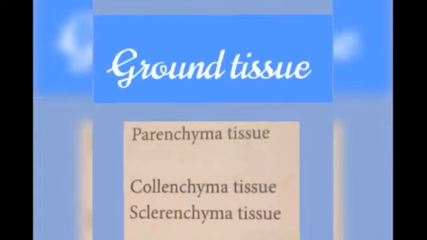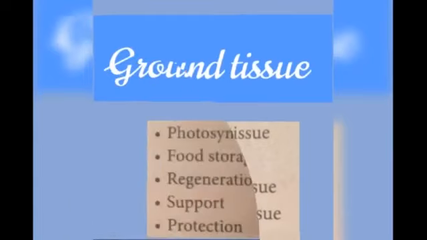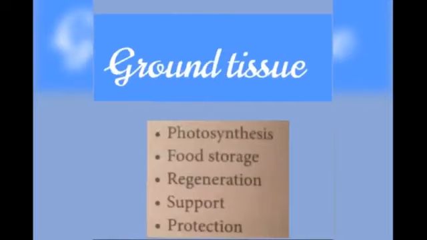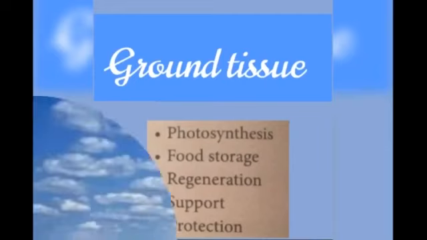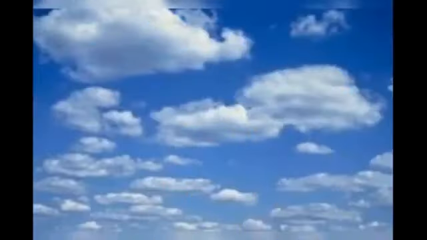These tissues in combination make up the ground tissue of a root, stem, or leaf. The main functions are photosynthesis, food storage, regeneration, support, and protection. So ground tissue helps in photosynthesis and food preparation. It also helps in regeneration, that is, the production of new cells.